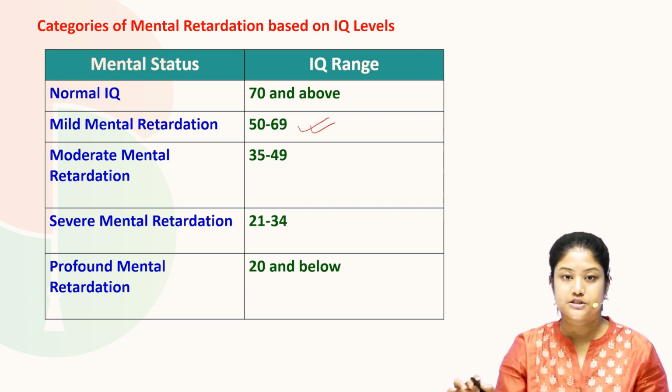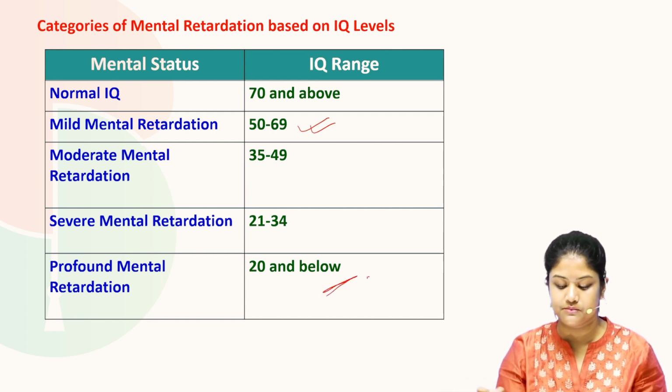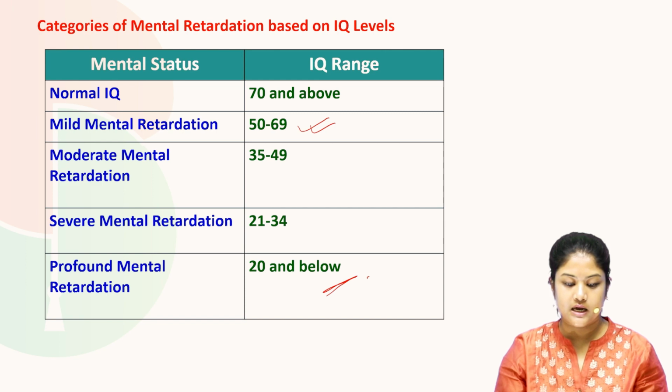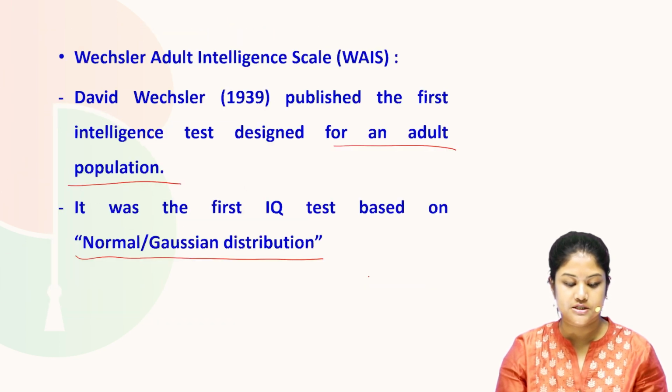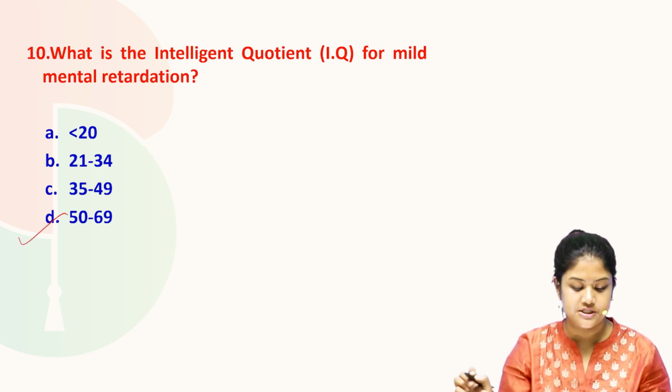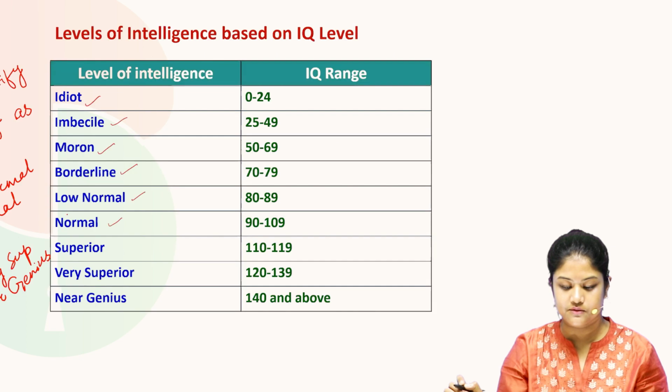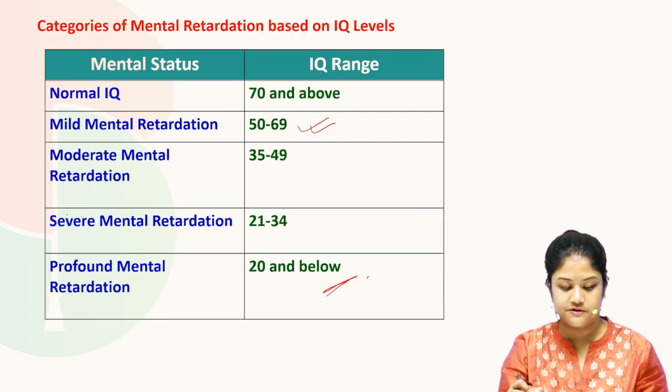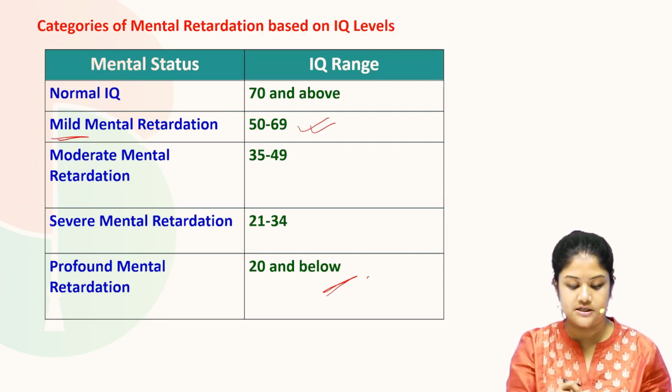Moderate mental retardation 35 to 49, severe mental retardation 21 to 34, and profound 20 and below. So the correct option for mild mental retardation is option D, 50 to 69.